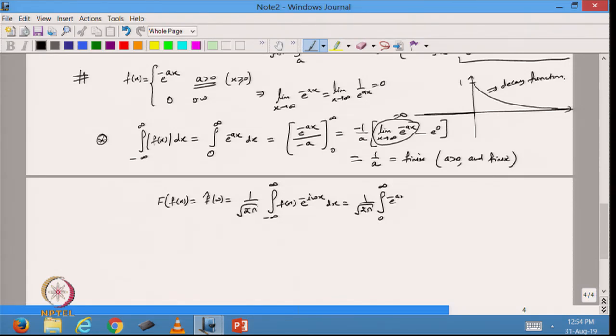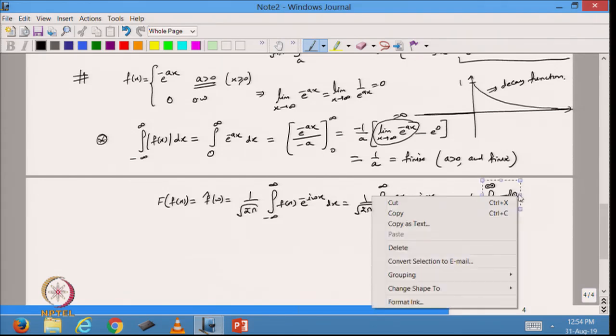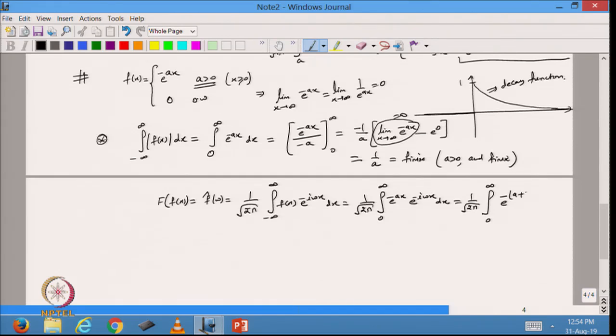So it is e^(-ax) e raised to power minus i omega x dx, which can be further written as the integral from 0 to infinity of e raised to power minus (a plus i omega) x dx, which can further be written as, so the integral for this one will be e raised to power minus (a plus i omega) x divided by minus (a plus i omega), from 0 to infinity.